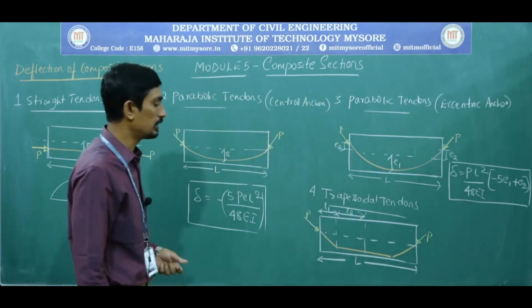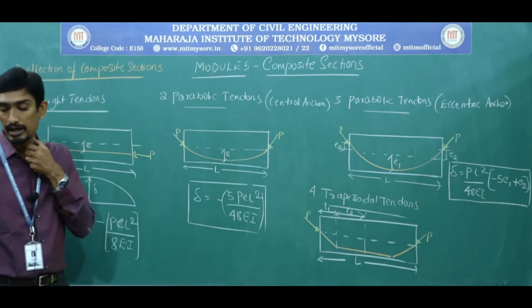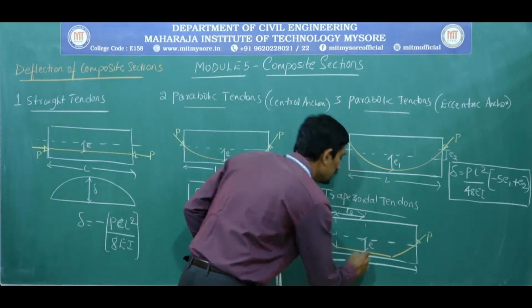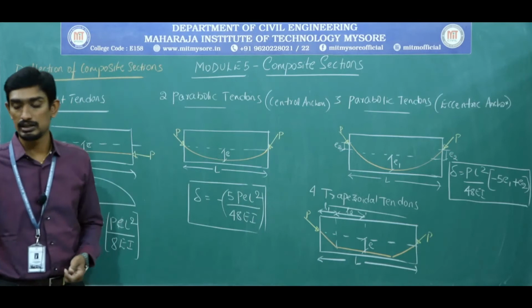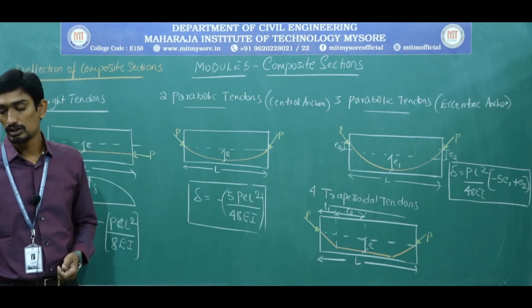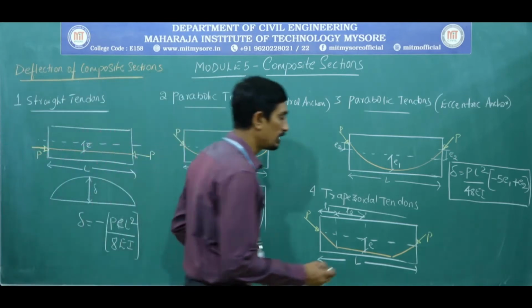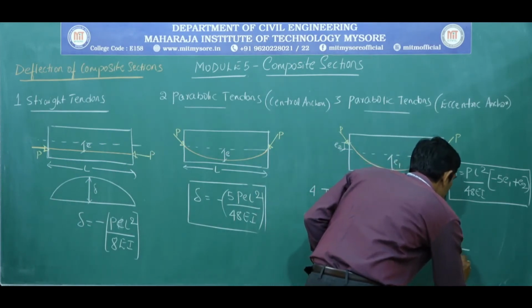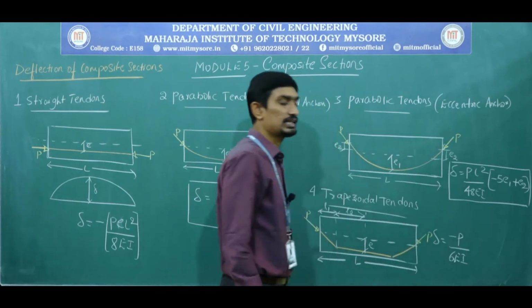So L1, L2, the total span is L, and the eccentricity is E. For this, the formula will be delta equal to minus P divided by 6EI.